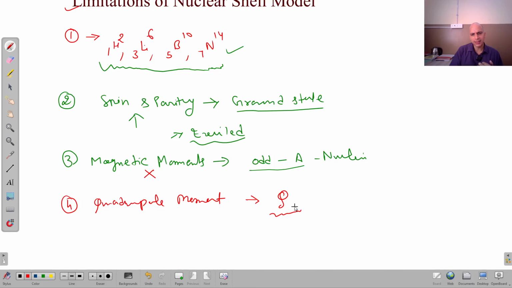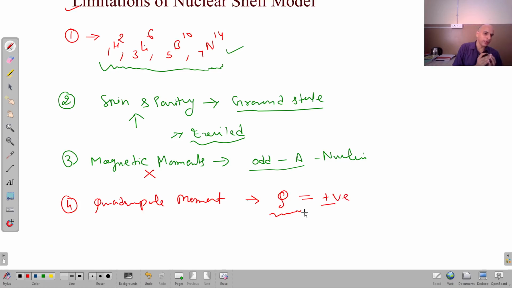But if it is non-magic, then there is a possibility that it possesses an electric quadrupole moment either positive or negative, right? But when we use the formula given by the shell model for the calculation of the electric quadrupole moment, it is found that again there were large deviations in many nuclei because the calculated values of the electric quadrupole moment did not match the experimental results.